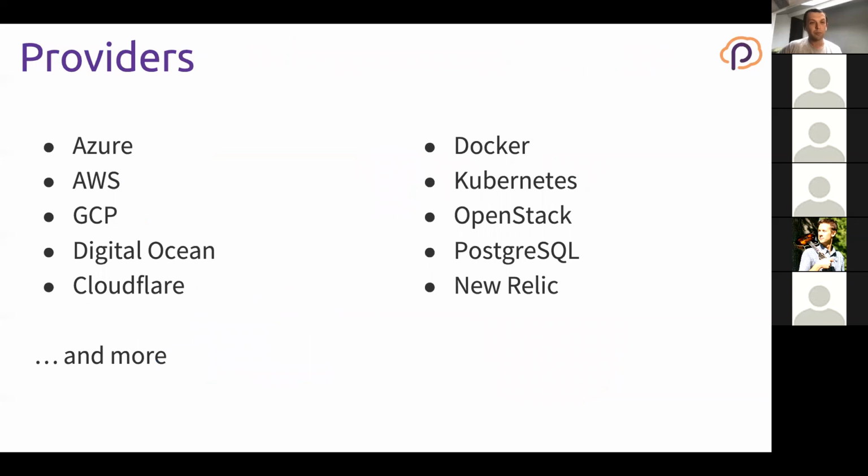Pulumi supports multiple providers. This is an Azure Meetup, so I'm talking about Azure and all the examples are in Azure. But you can also do AWS, GCP, or even things which are not exactly the cloud. So you can deploy, let's say, a container, a service in your Azure environment. You can build a Docker image. You can put that image into the container registry.